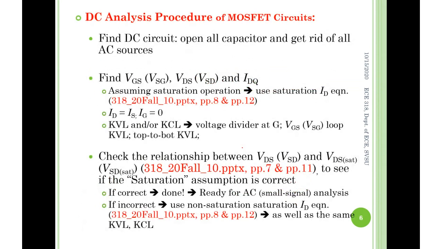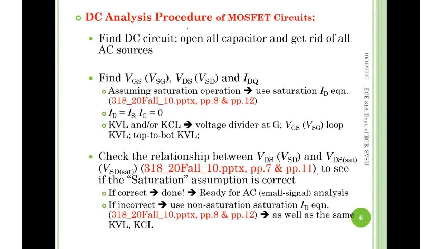Obviously, this is something you want to print out as one of your handouts, to keep at hand all the time, because this is a very detailed procedure for DC analysis of MOSFET circuits. Let's go over it to see what it's about.